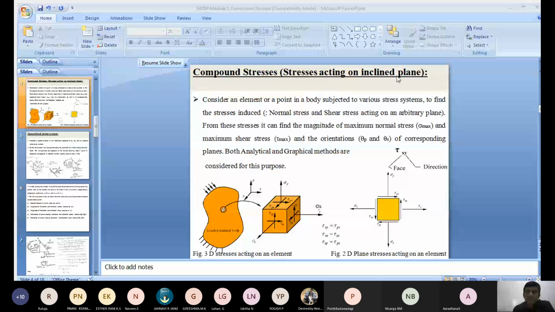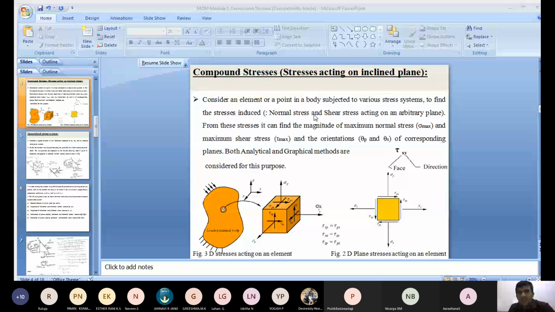From these we can find the magnitude of the maximum normal stress and maximum shear stress induced in the element, and their orientation, meaning the location where exactly the maximum normal stress and maximum shear stress act on the component.